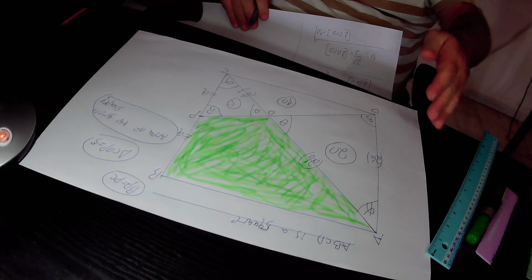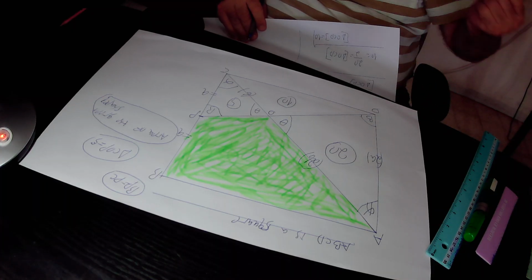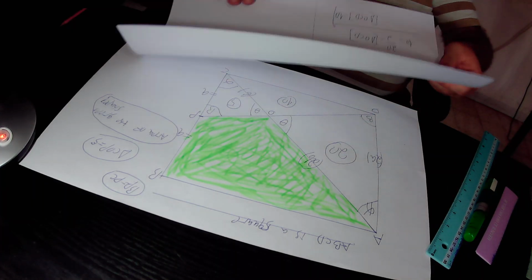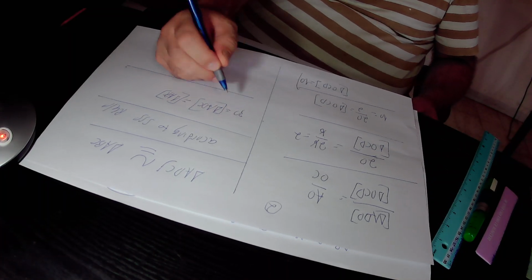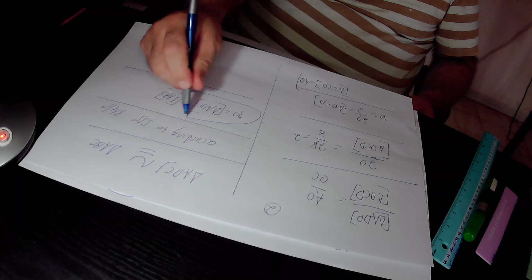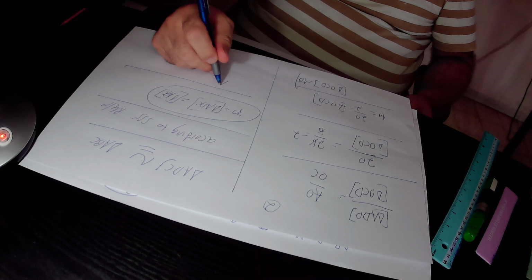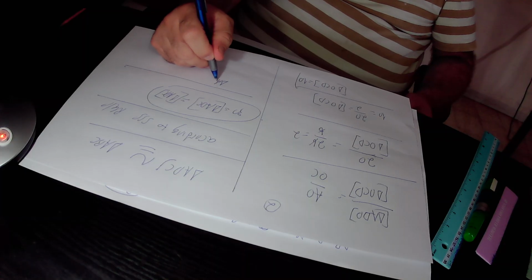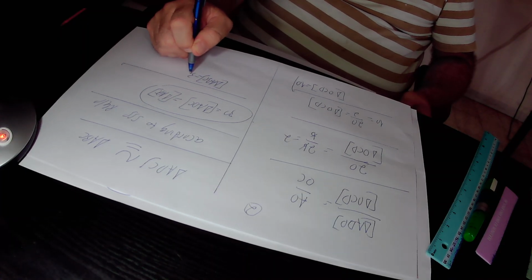But the area of this right triangle ADC is 20 plus 10, that is 30. So we can write here that the area of triangle ADC is 30 square units. And from this equation, 30 equals the area of triangle ADC equals the area of triangle ABC, we derive that the area of triangle ABC is also equal to 30 square units.